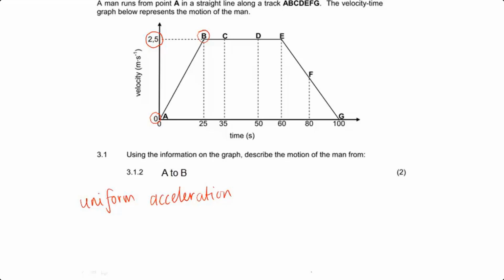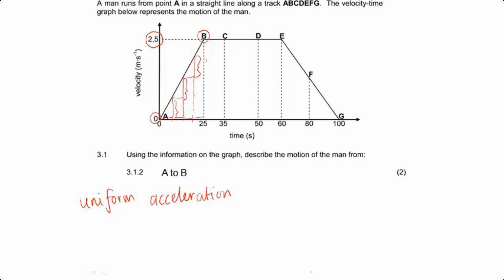If we were to break this up into equal times, then for each the increase of velocity is the same. That increase and that increase are the same. And if we carry on, that increase is the same as that increase, the same as that increase. Of course, I'm doing it roughly, so it might not look perfectly so, but if you were to do it perfectly, you would see that the increase per unit time is always the same.